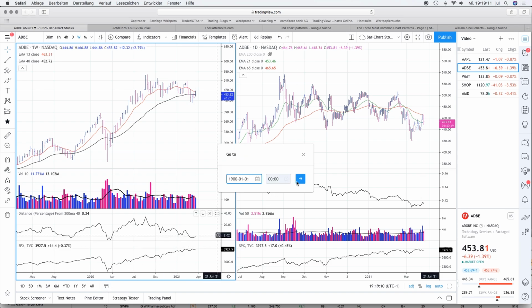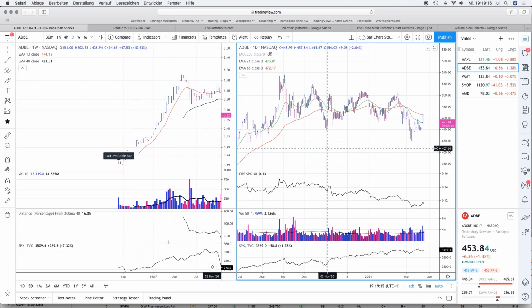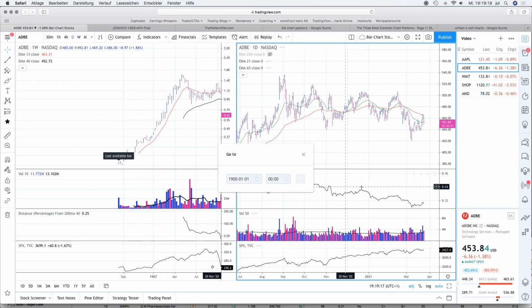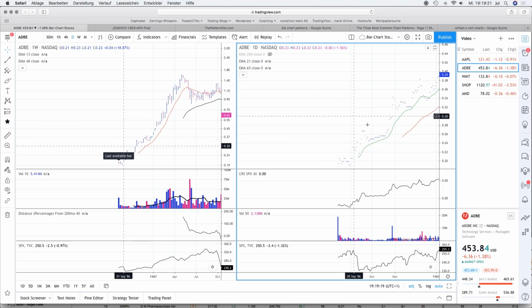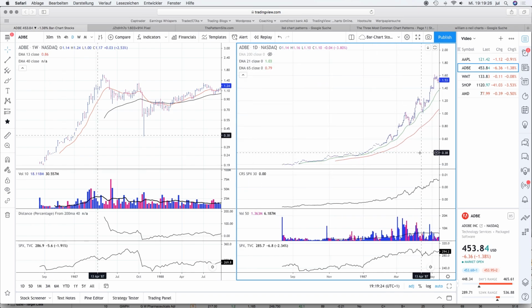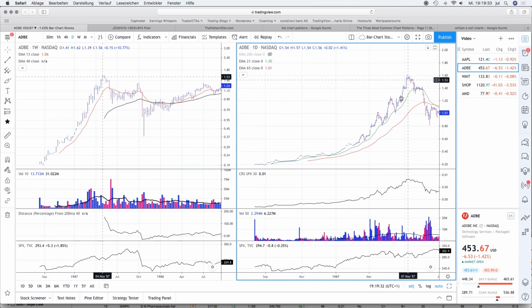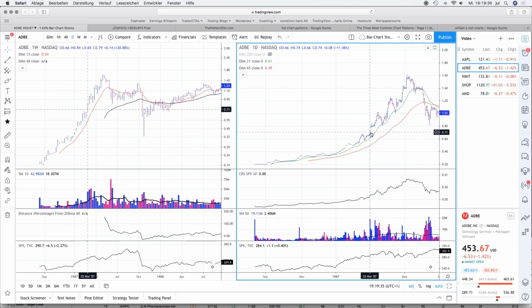And when we go back in time here to the first available bar, so it's 1986 for Adobe, you can see the same thing here. So we have to go a little bit more into the future here, and you can see this monster rally in Adobe after the IPO. So very attractive. It looks like some stocks from last year, so from 2020 or 2021. So the patterns are very similar.